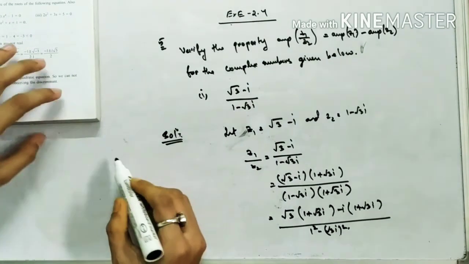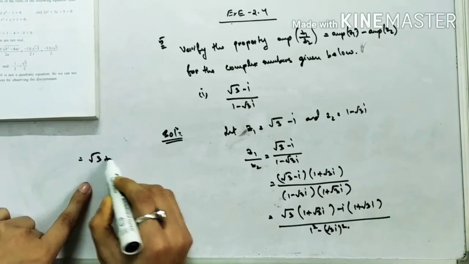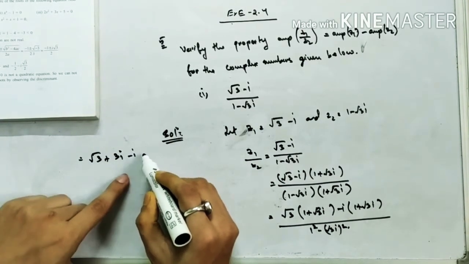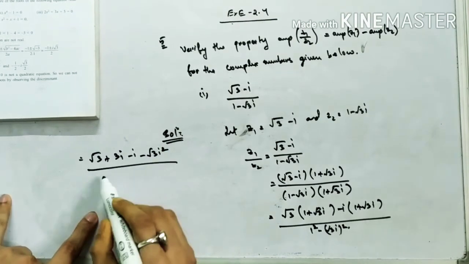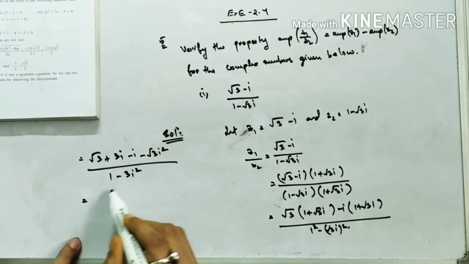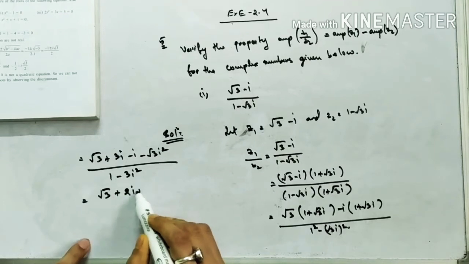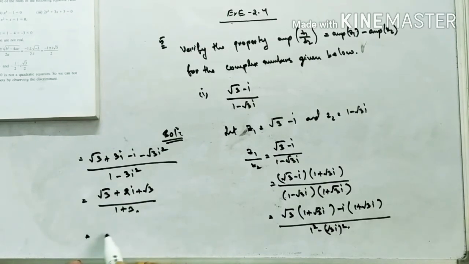Okay, so this is equal to, in here, root 3 plus 3 i minus root 3 i square by 1 minus 3 i square. So this is root 3 plus 2 i plus root 3 by 1 plus 3 I will get. Have I done some mistake?